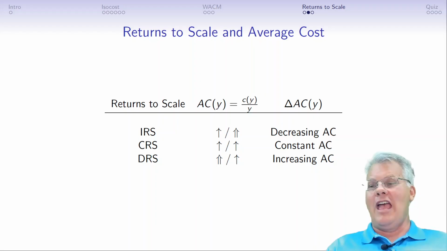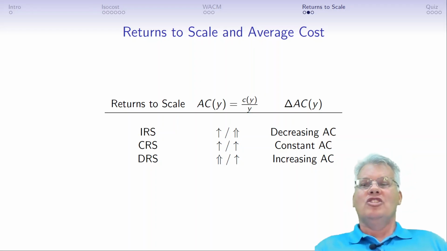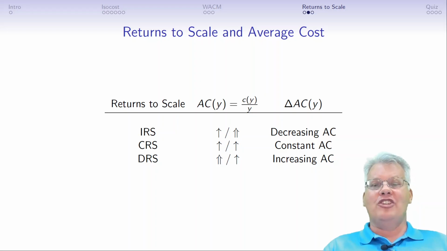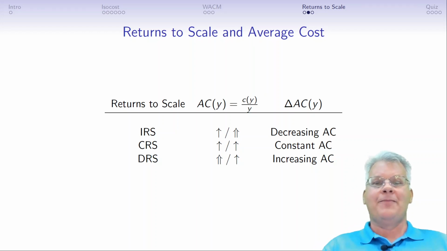Returns to scale have this very interesting implication on average cost, or the cost per unit consumed. Average costs are total costs divided by the quantity of output produced.